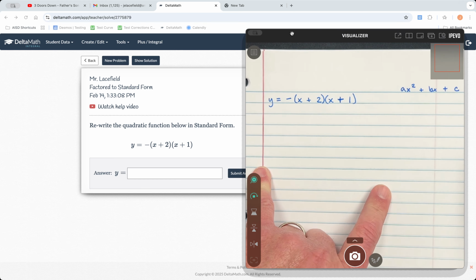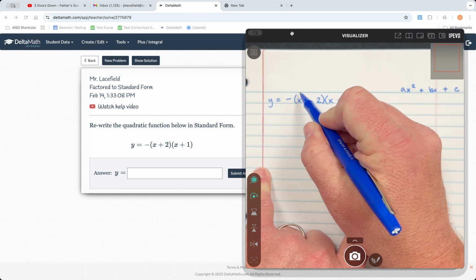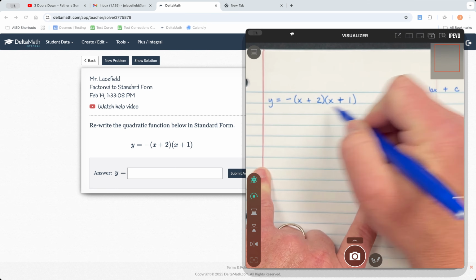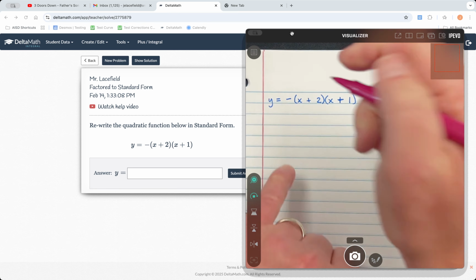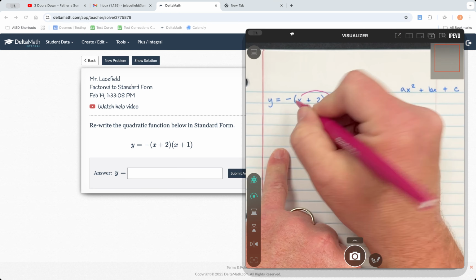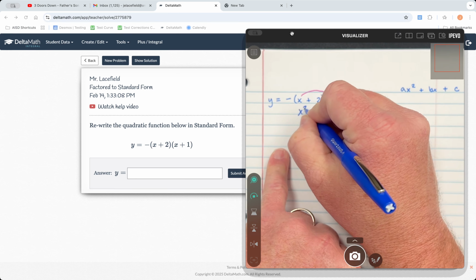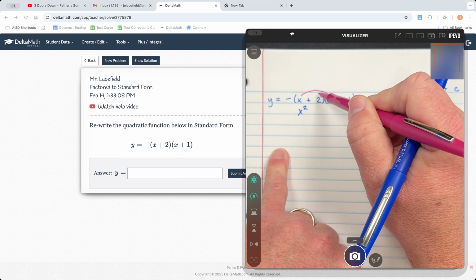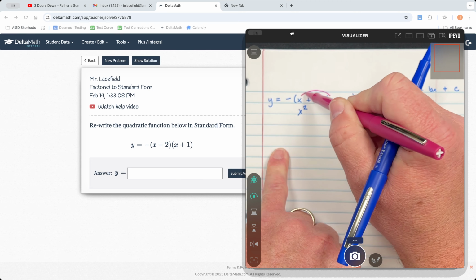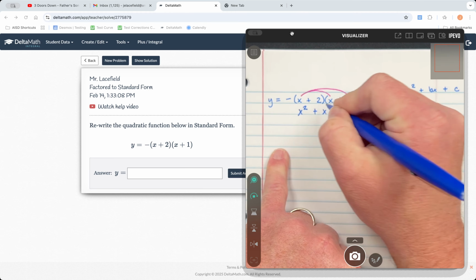What we've got to do is not worry about the negative on the outside yet. We're going to FOIL our x plus 2 and x plus 1. First things first, we're going to do x times x, which is our x squared. And then x times 1, so it'll be plus x.